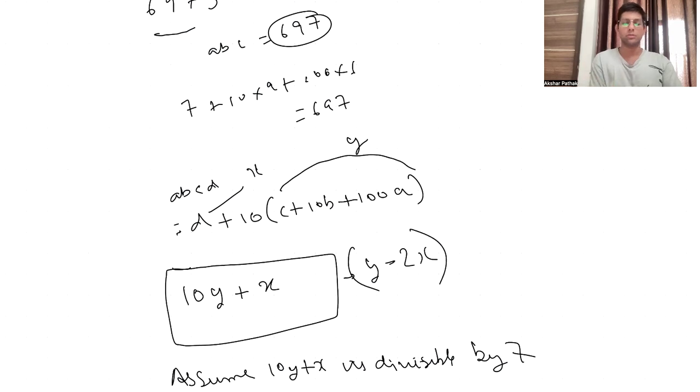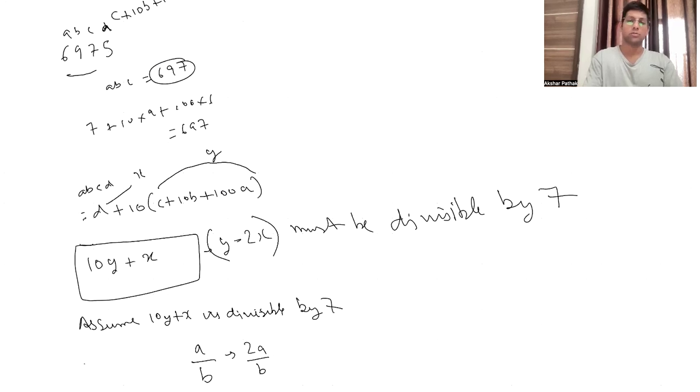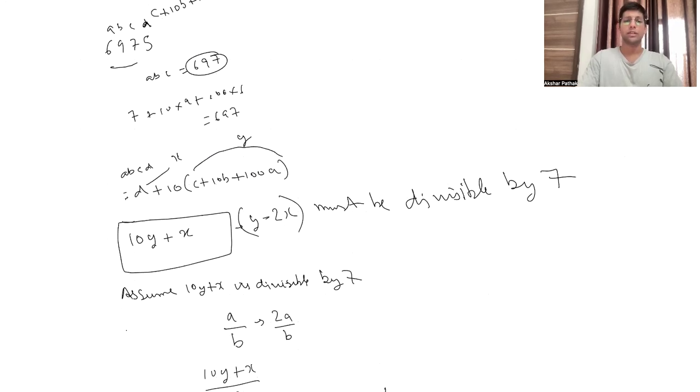So you just proved it. This must be divisible by 7. This d is your x, and this c plus 10 times b plus 100 times a is your y. So y minus 2x means this number c plus 10b plus 100a, minus 2 times d. For example, take 6975.